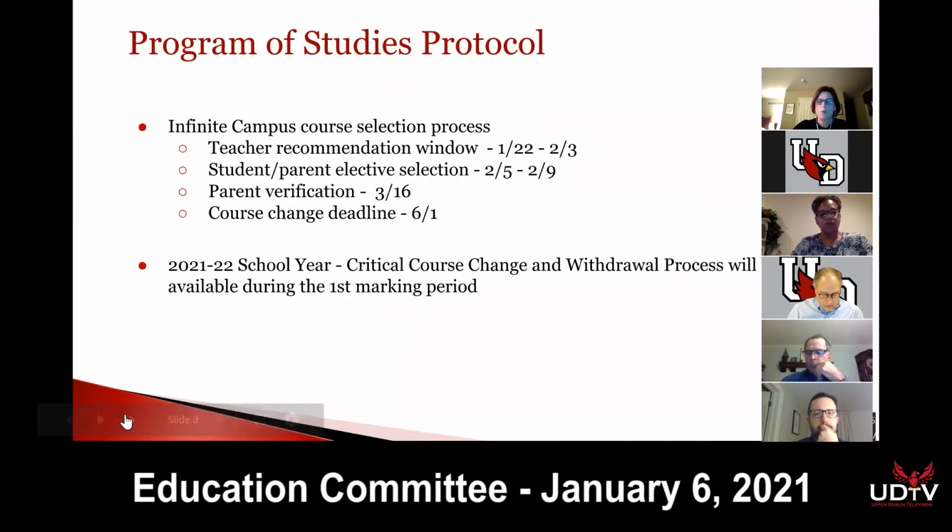What's important to know as we talk about the program of studies and course selection are some deadlines in the process as it pertains to our student information system. Beginning soon on the 22nd, the teacher window will open where teachers will meet with students one-on-one to review course recommendations for next year.